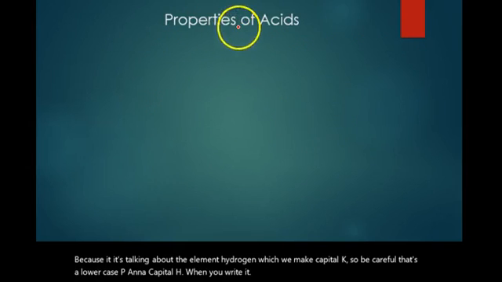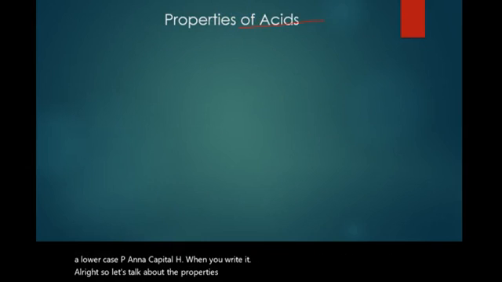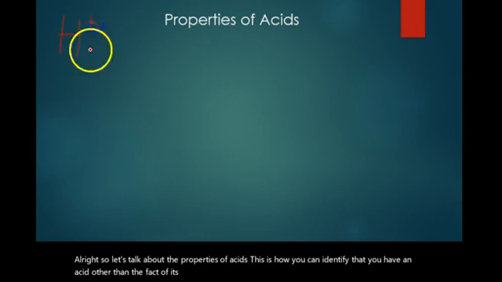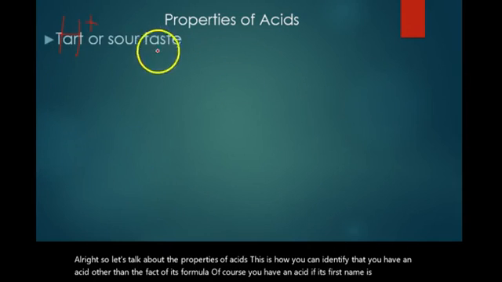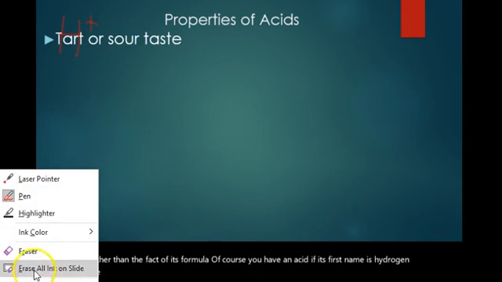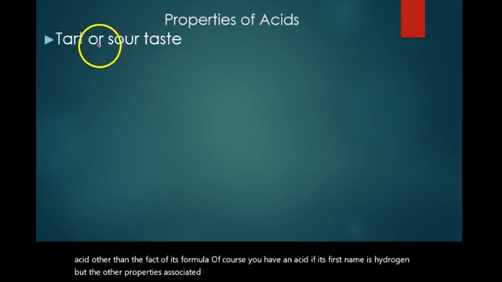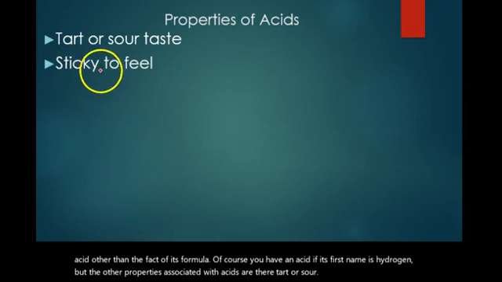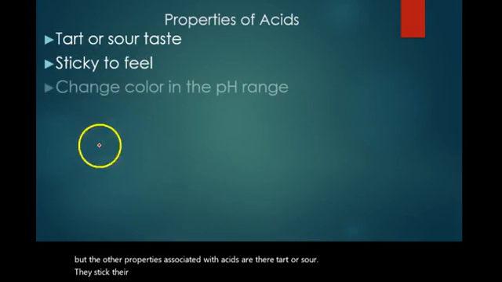All right, so let's talk about the properties of acids. This is how you can identify that you have an acid other than the fact of its formula. Of course, you know you have an acid if its first name is hydrogen. But the other properties associated with acids are they're tart or sour. They are sticky to the feel.